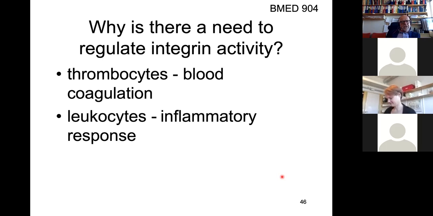But the reason is actually that integrins have important functions on some cells in the body. The two prime examples where integrin activation is absolutely crucial are during blood coagulation and inflammation.